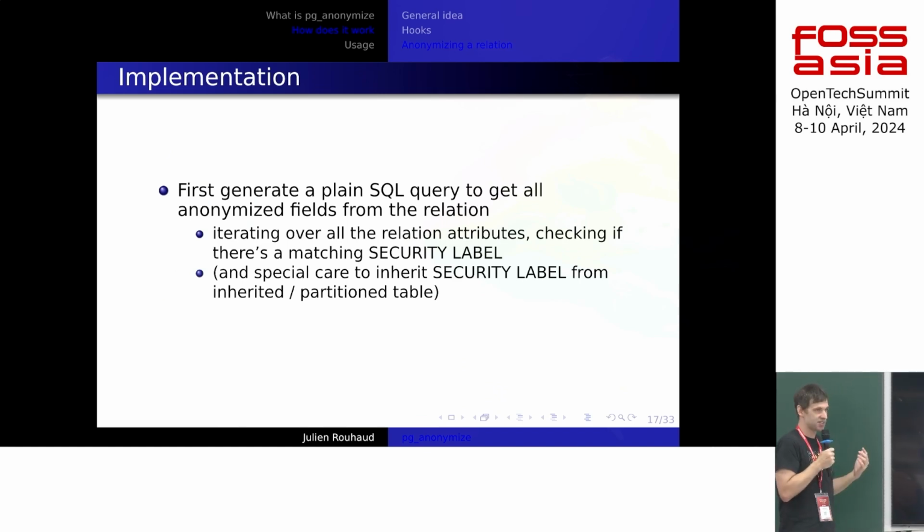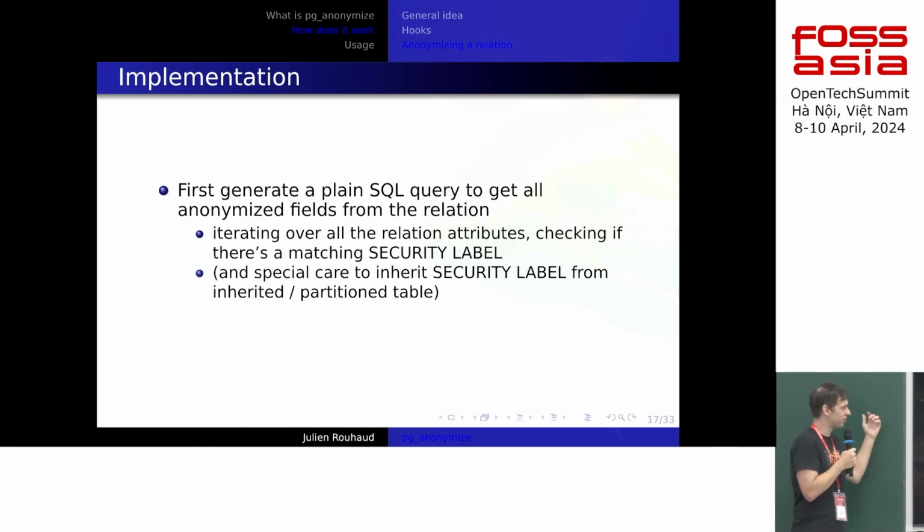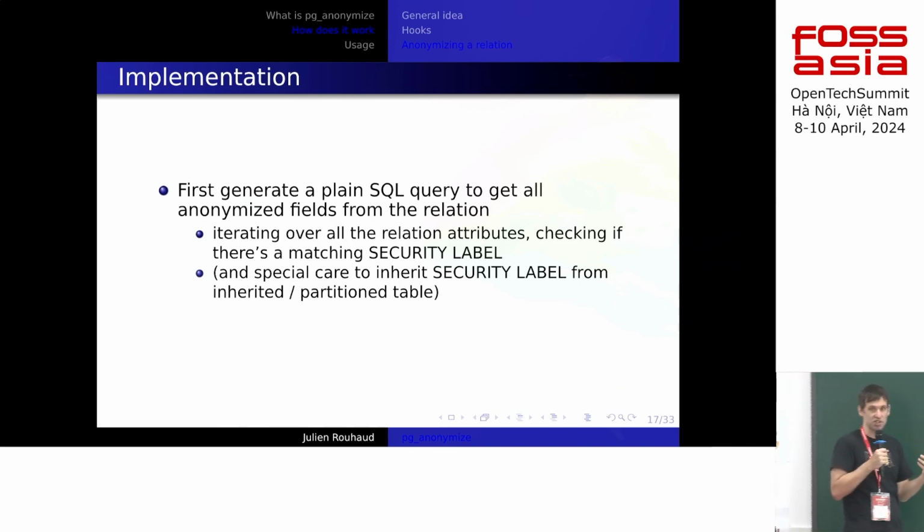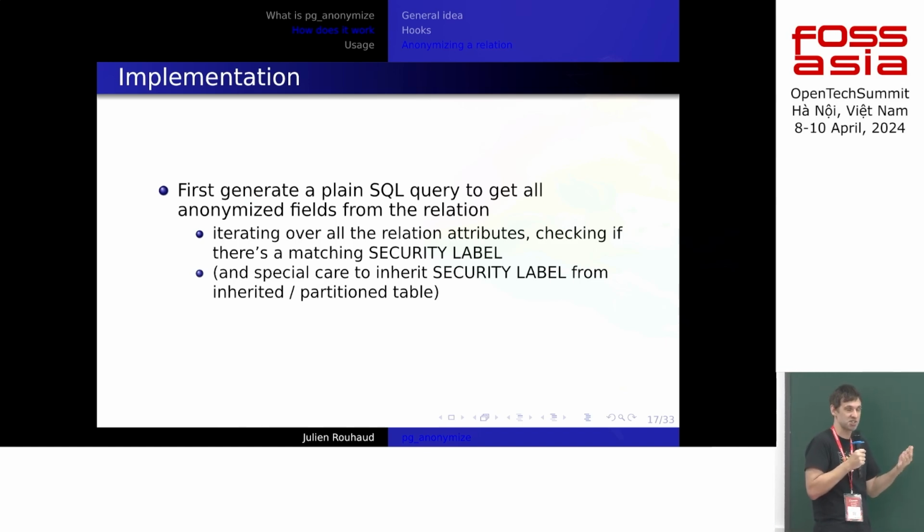The idea, as I mentioned in the first slide, is to generate a subquery to do all that. We generate the subquery by looking at the original table, looping through all the columns, and generating a select of field 1, field 2, field 3, replacing field 3 with any expression that outputs the anonymization, depending on how you configure it.